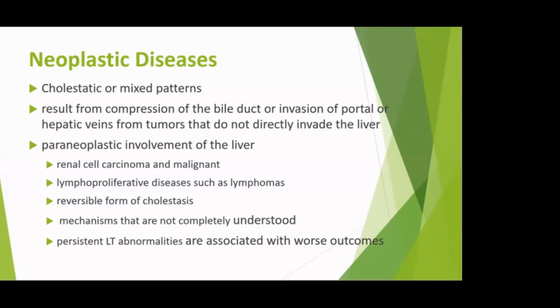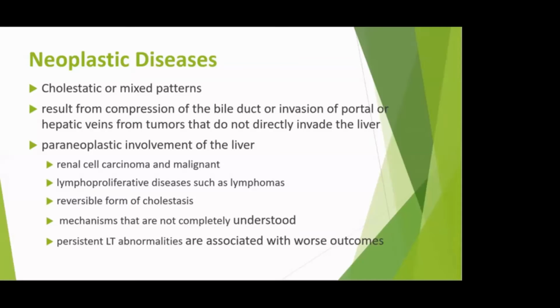The liver is a common site for metastasis from a wide variety of neoplasms and is often involved as part of multi-organ hematologic malignancies. Abnormal liver tests in a cholestatic or mixed pattern may result from compression of the bile duct or invasion of the portal or hepatic veins from tumors that do not directly invade the liver. Imaging studies are usually helpful.